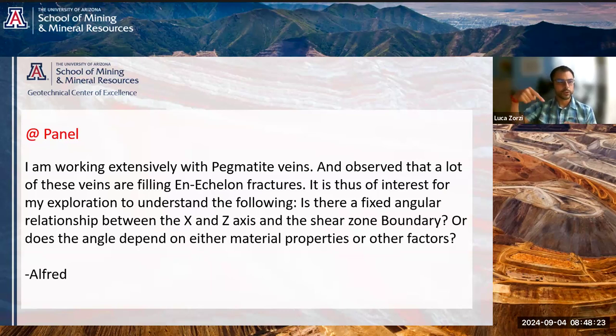Sometimes your geometrical relationship might be influenced by the variability in your strain distribution during the deformation as well. So sometimes it's even difficult in that specific location to work out whether or not you have a systematic geometrical relationship between shear zones and en echelon systems, or to say that there are a lot of things that could change your ideal stress and strain conditions to what is actually happening in nature.